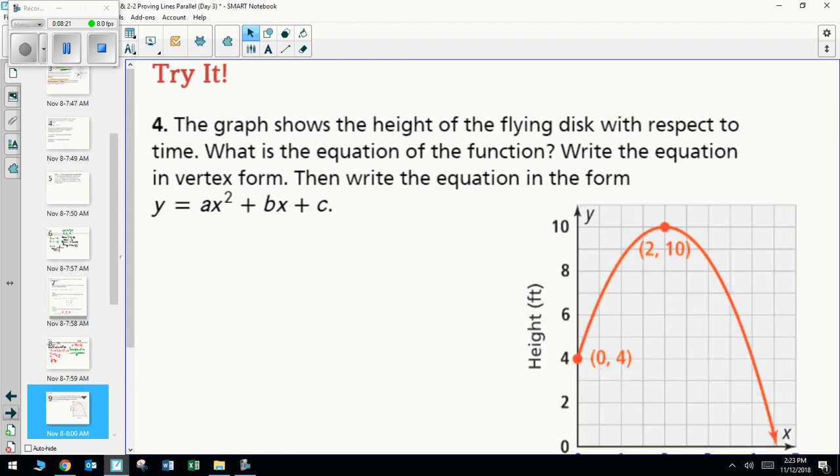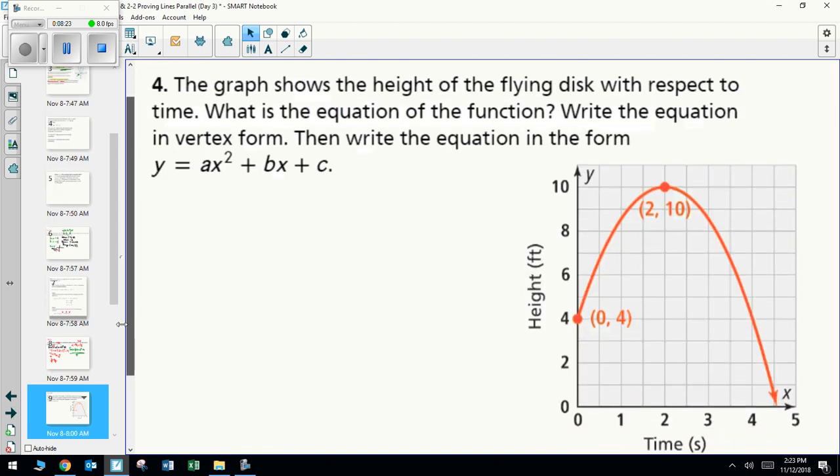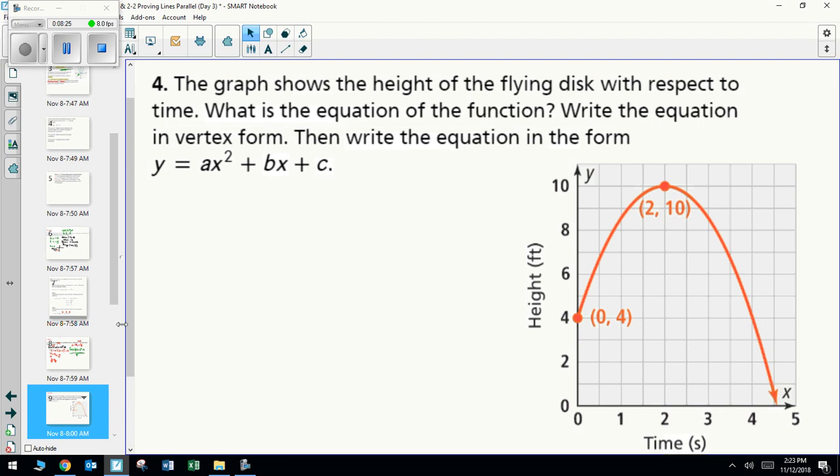Now you may also be asked to do this, but the information is given to you in the form of a graph. So here we're given a graph that shows the height of a flying disk with respect to time, and we want to know the equation of the function. So same thing, I'm given an x and a y and an h and a k.